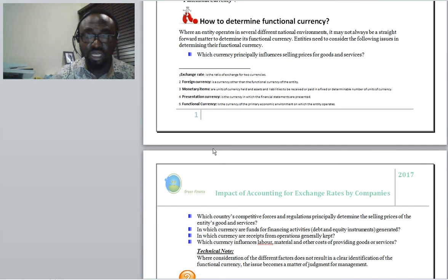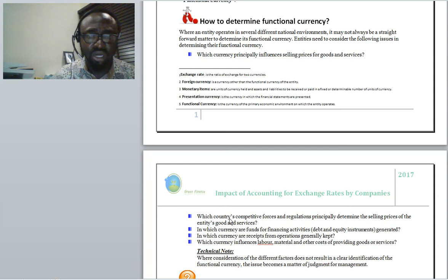The second one is which country's competitive forces and regulation principally determine the selling price of your goods and services, which means it depends. For example, in Nigeria, oil and gas companies, or what we call the IOCs, are multinational entities, and we also have some marginal field operators in Nigeria, which are indigenous companies.